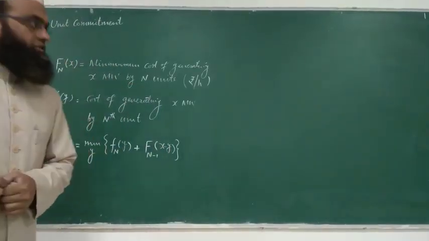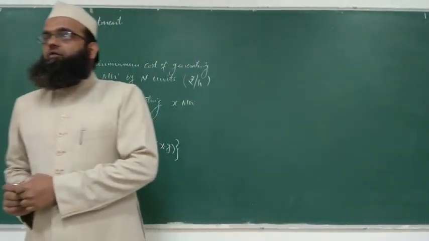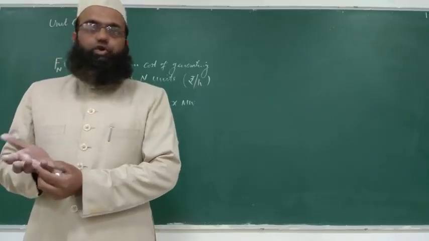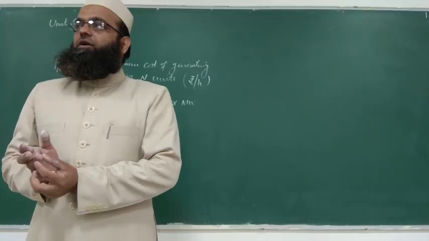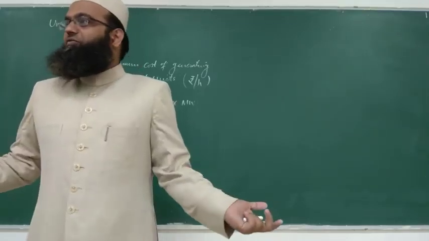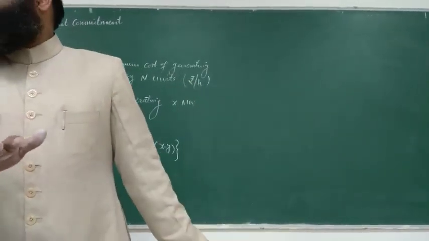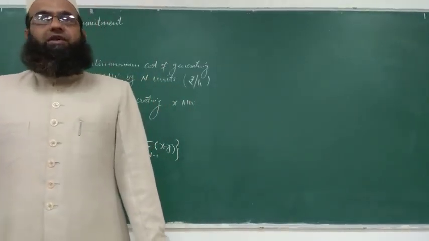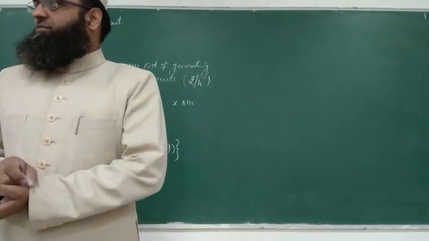Clear? So before preparing the unit commitment table, what should be known? You should know your units, number of units, and second point, their characteristics. Only number is not enough. You know how many units are available in your plant that can be operated depending upon the requirement. The second thing is, you should know the cost characteristics of each unit.